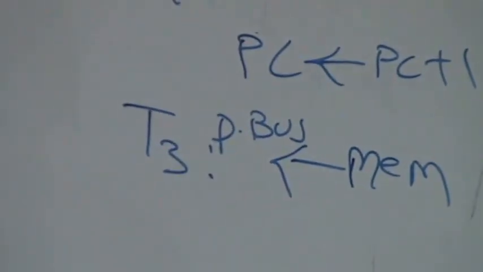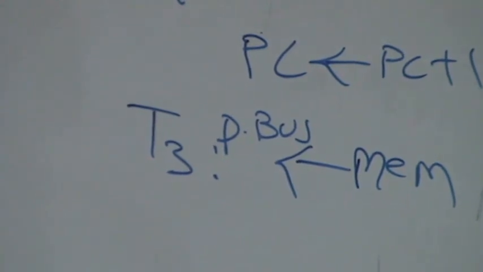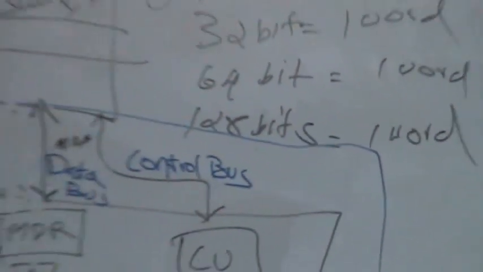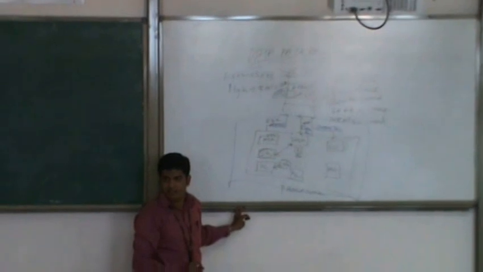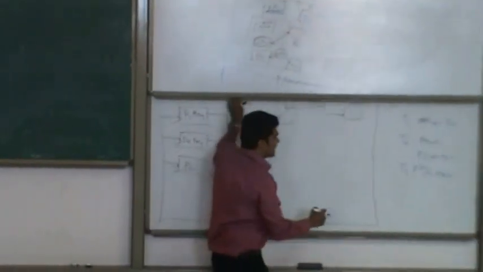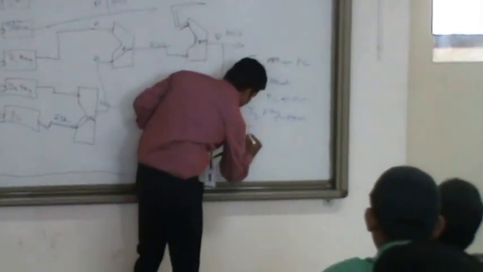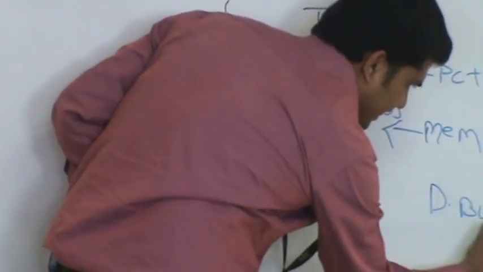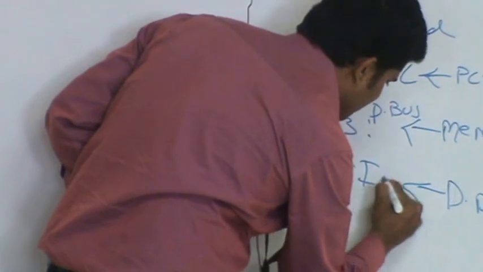At time T4, the data is available over here and is given to the instruction register. So at time T4, the data from the data bus is given to the instruction register.